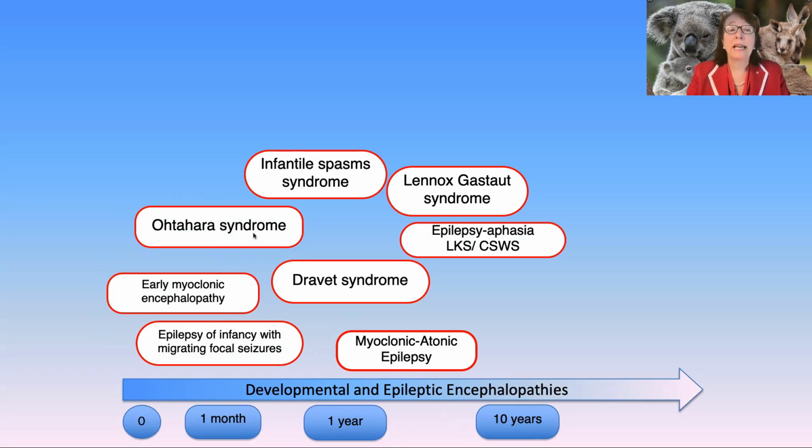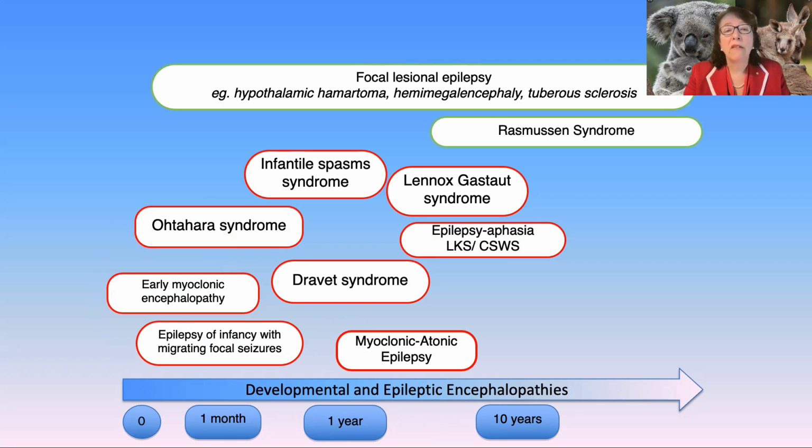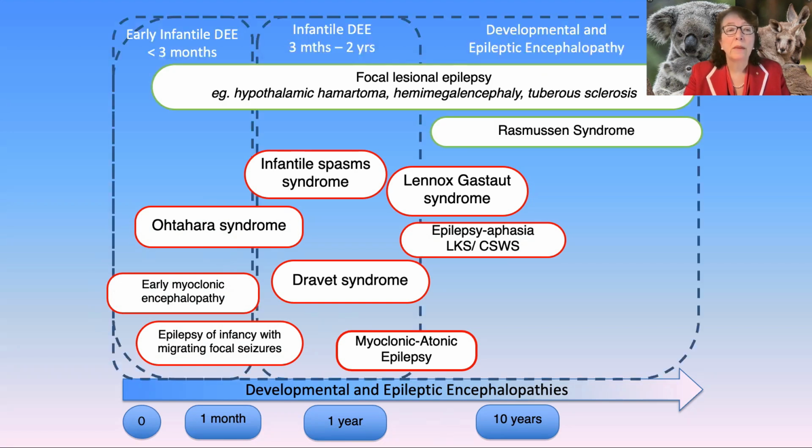And specifically here, we're interested in Ohtahara syndrome. And then there are others that are more focal in nature. But there are a whole lot of other children that don't fit into one of these neat little boxes, and they're in this blue sea around it, and they may begin under 3 months of age, in the early infantile group, in infancy between 3 months and 2 years, or indeed at any age.